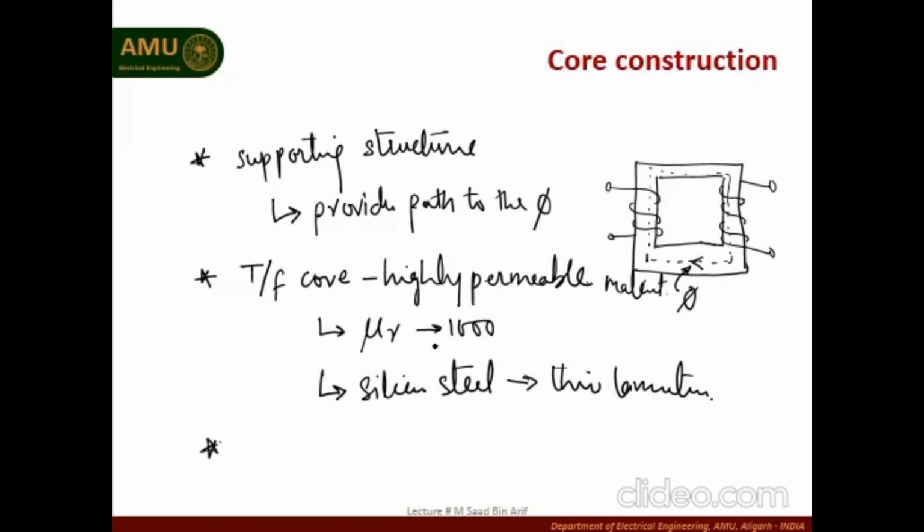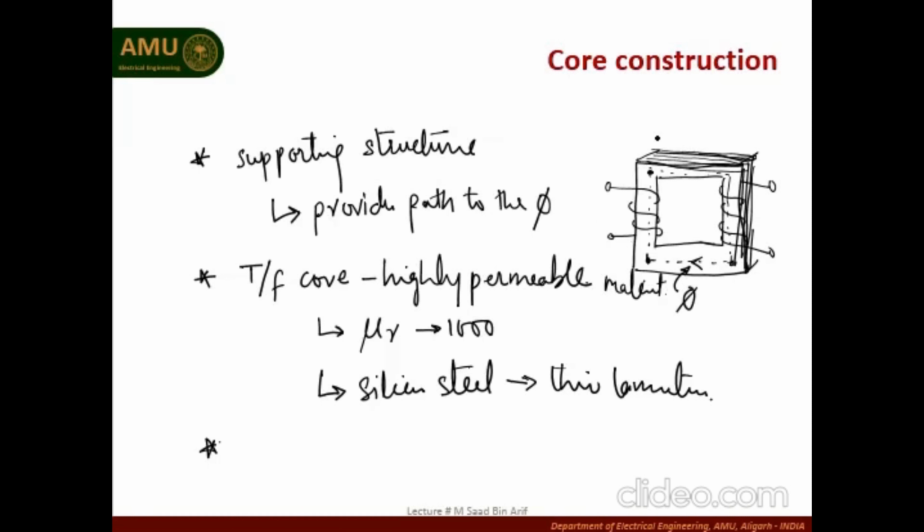So we can say that this core is basically made up of silicon steel sheets that are stacked together to form a 3D structure like this. The core is formed by stacking the laminated sheets together to form a solid structure, and the reason for the lamination of the sheets is to reduce the core losses.